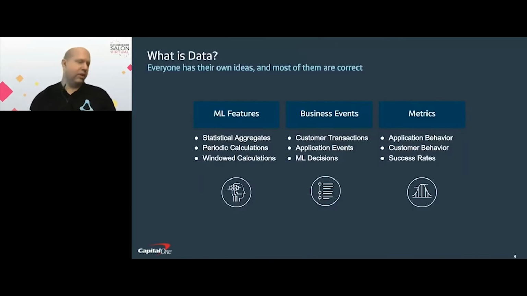Whenever we talk about data platforms, one of the first things that generally comes up is a discussion over exactly what we mean by data. In this case, obviously, in a forum like Data Science Salon, we're often talking about machine learning features. These are things that are going to go into machine learning models.